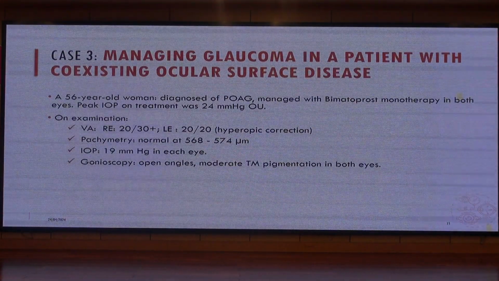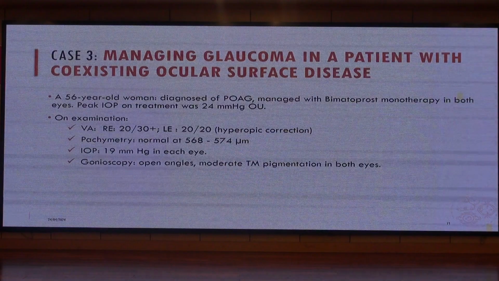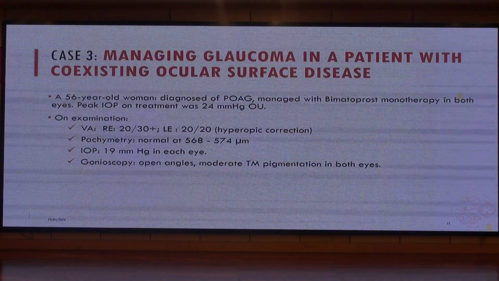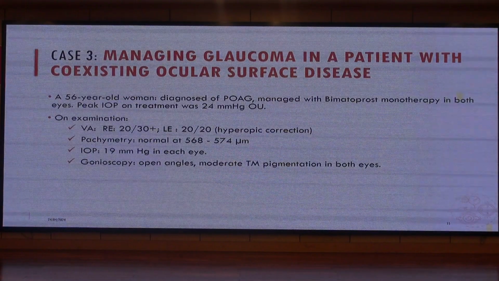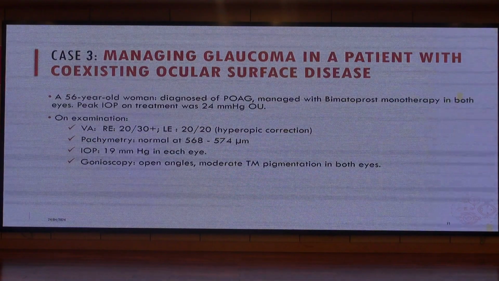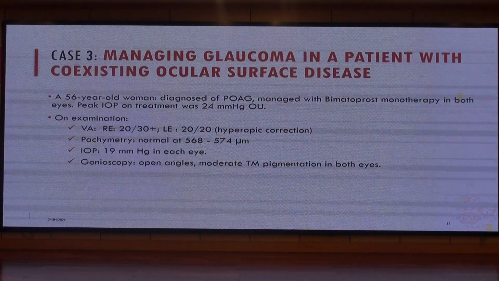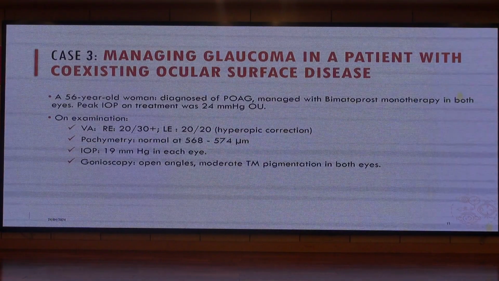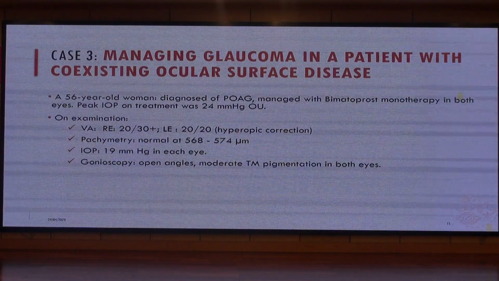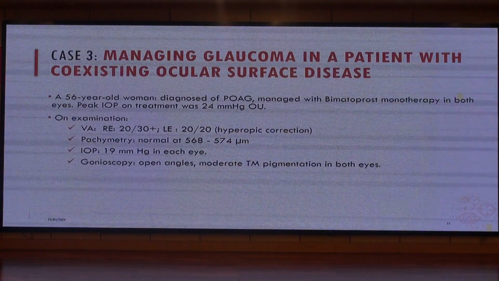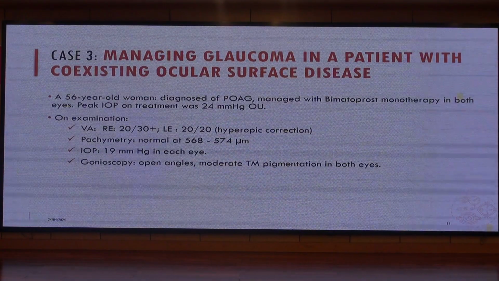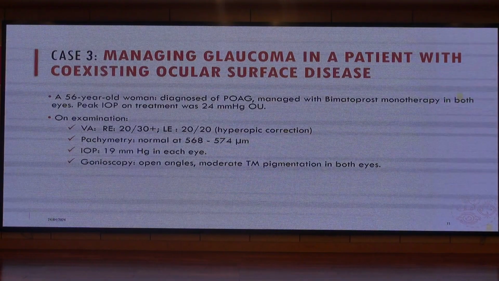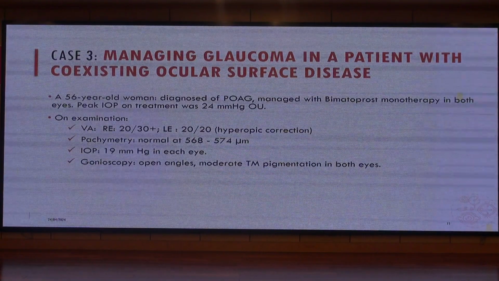Case number 3 is glaucoma coexisting with ocular surface disease. This is a very common problem we usually see in practice, and here is just one case. There is a 56-year-old woman diagnosed with POAG, initially managed with latanoprost in both eyes.